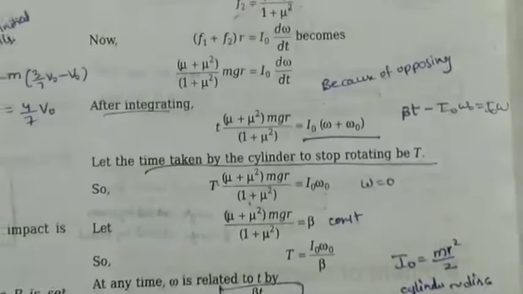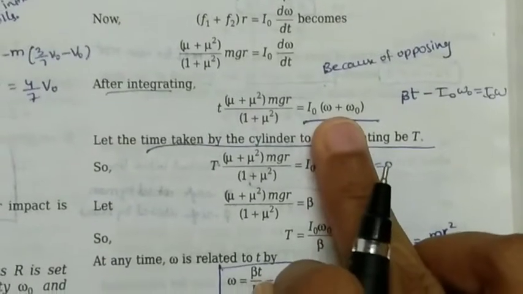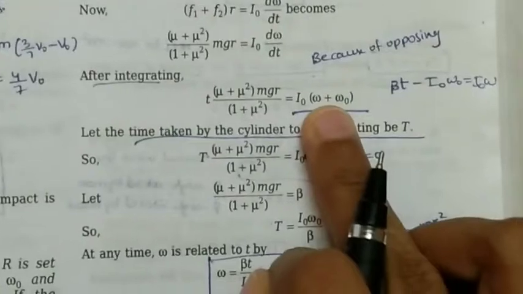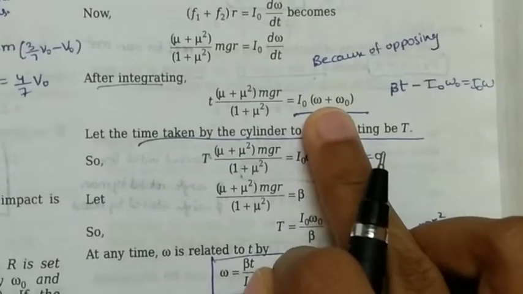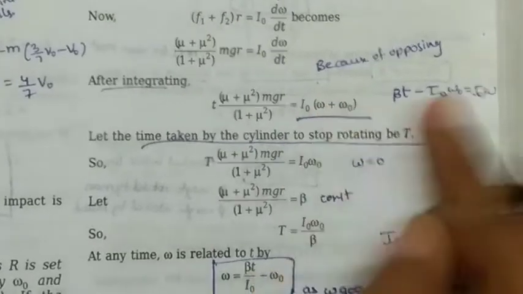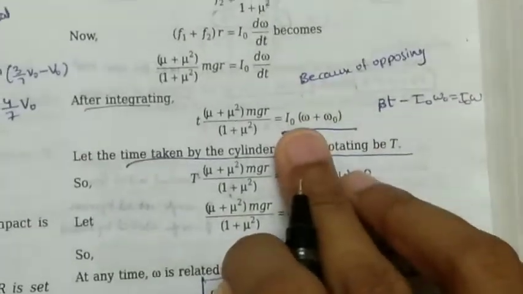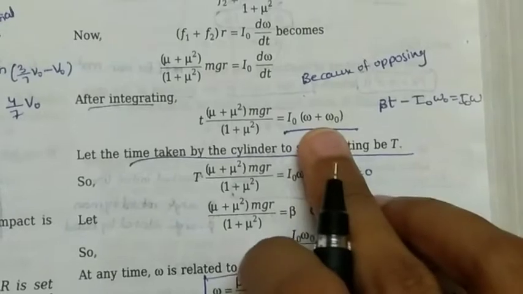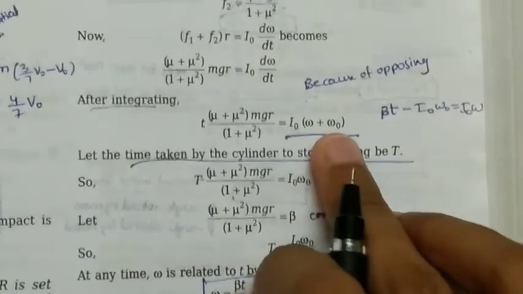So keeping that little bit of rotation by the opposing force in consideration, integration is taken from minus omega naught to omega, because final omega is in anti-clockwise direction and initial omega is in clockwise direction. So I naught into omega minus of minus omega naught, omega plus omega naught, we are having.